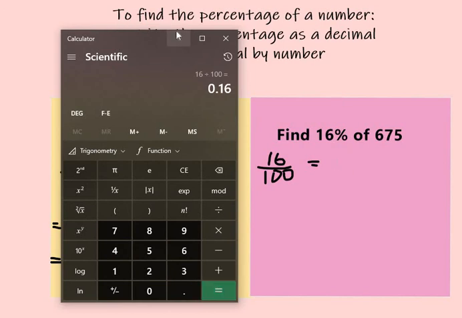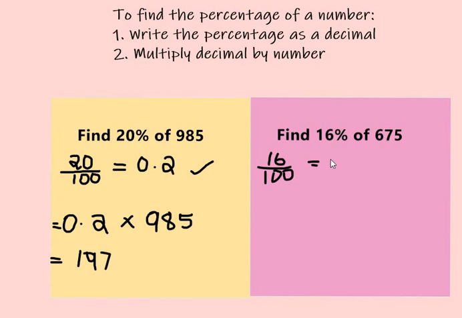It's like magic. All right. So we write our decimal. And then step 2, we multiply the decimal by the number. All right. So it's 0.16.